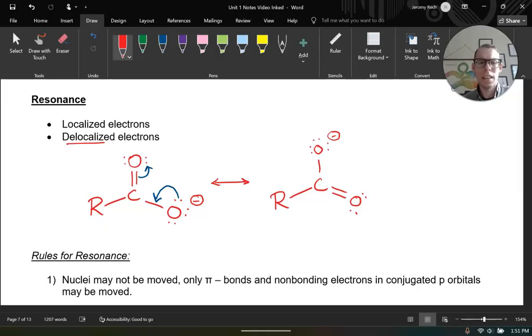And we'll get to that in a second. But resonance is a way in which we depict a bunch of different ways of showing the exact same molecule, with the only difference being where electrons are. And we're going to be moving our delocalized electrons around throughout our molecule.